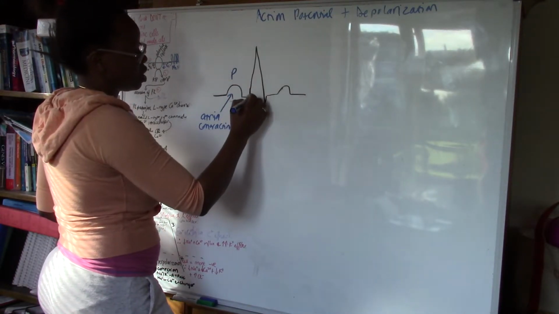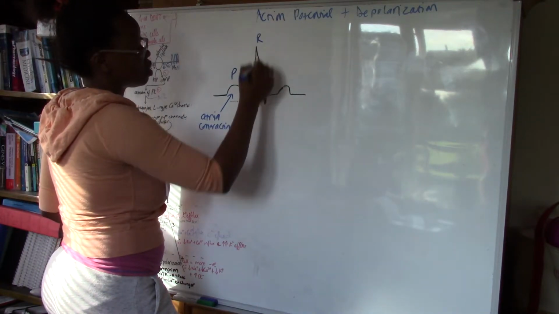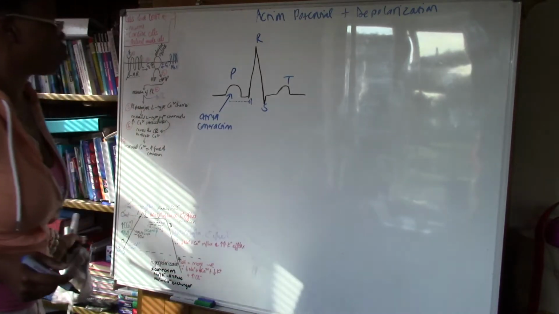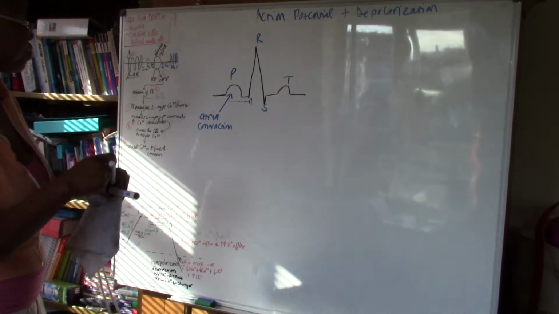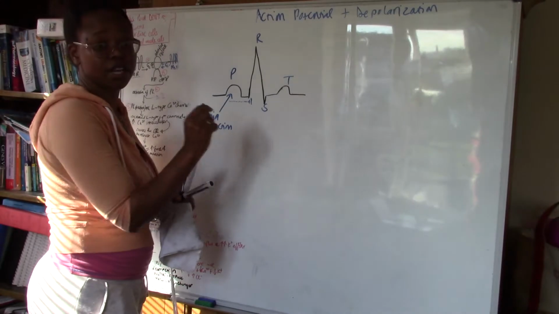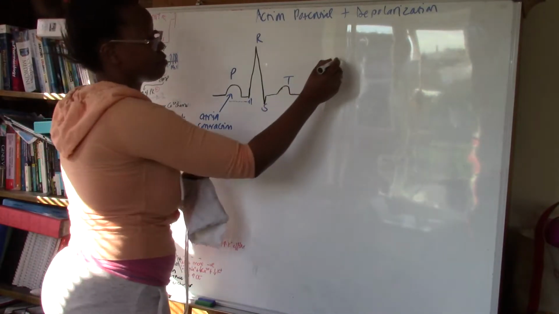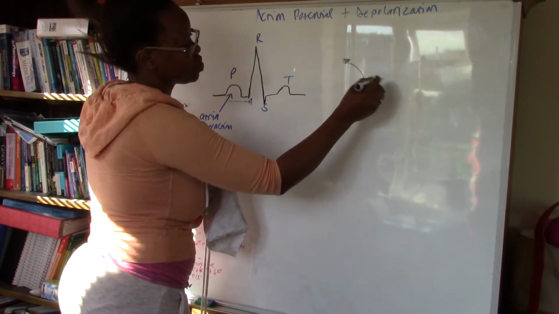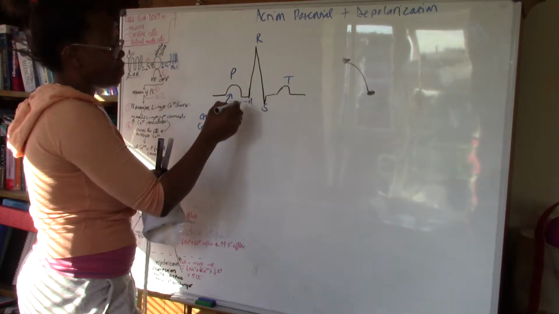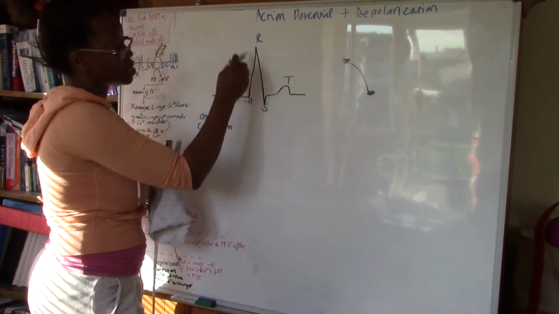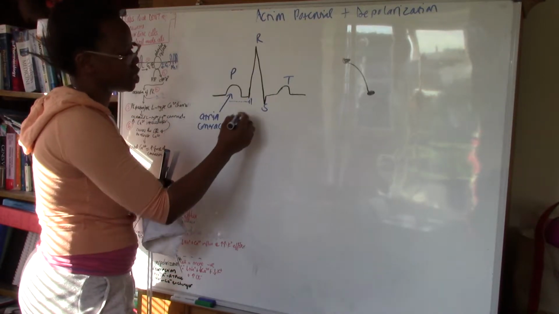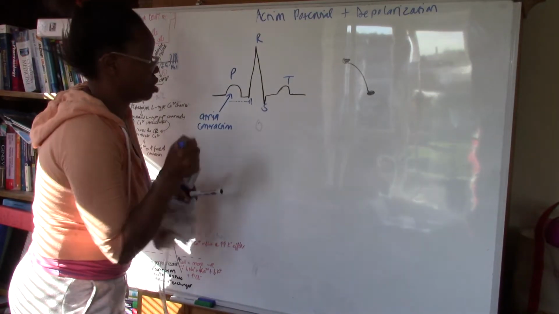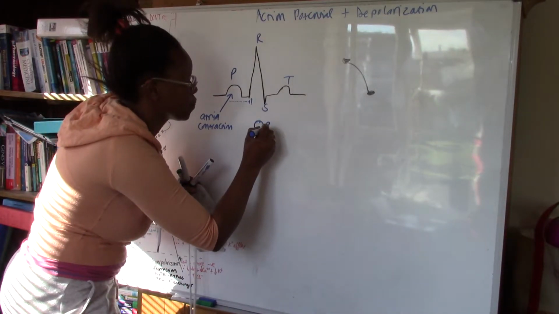And then reaching Q, R, S, T. So we'll have that impulse traveling to the ventricles, remember, from the SA node to the AV node to depolarize the ventricles. And then we'll have R, S as ventricular depolarization, and we normally just name it the QRS complex.